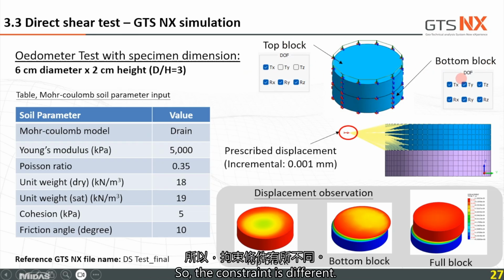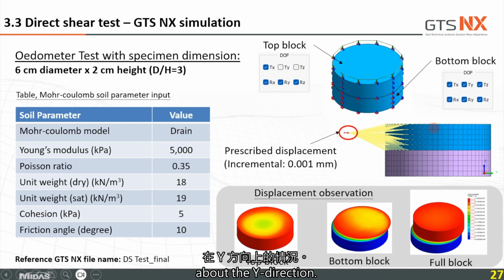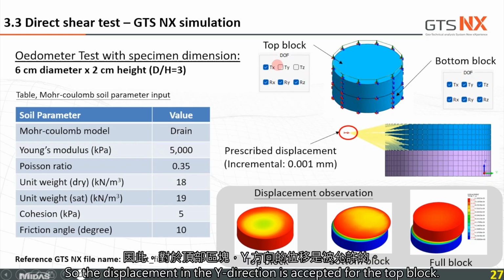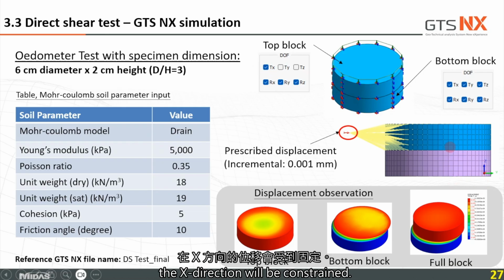The constraints are different because we consider shearing in the y direction, as you can see in this figure. So the displacement in the y direction is accepted for the top block. The settlement is also accepted, but the movement in the x direction will be constrained.